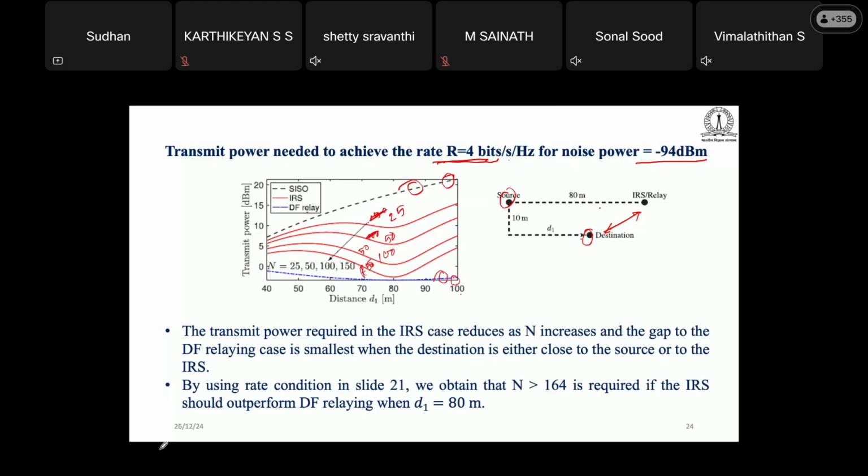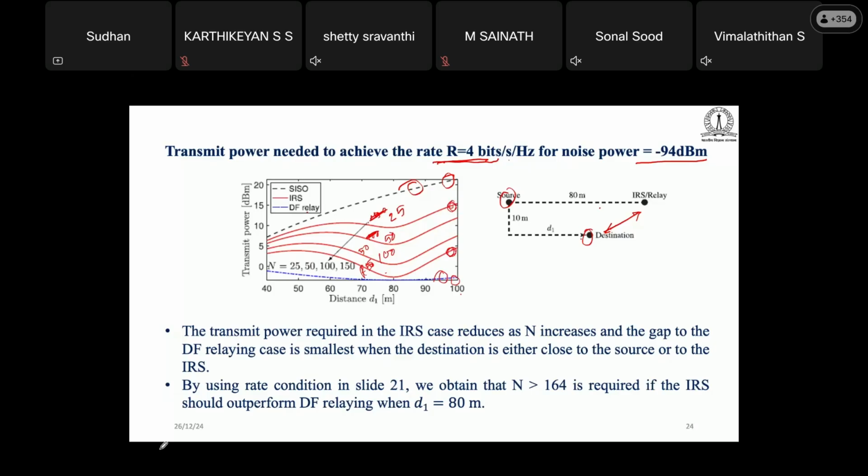So if you increase the number of elements, then you need less power. In this case, you need almost 0 dBm power for a number of elements equal to 150, but if the number of elements is 25, then you still need almost 10 dBm.